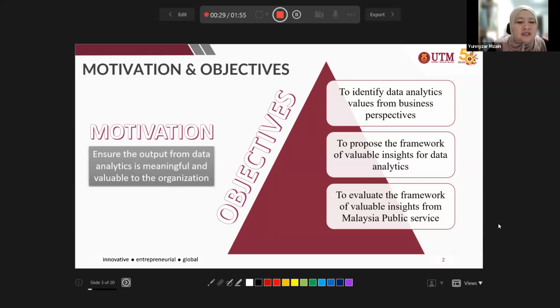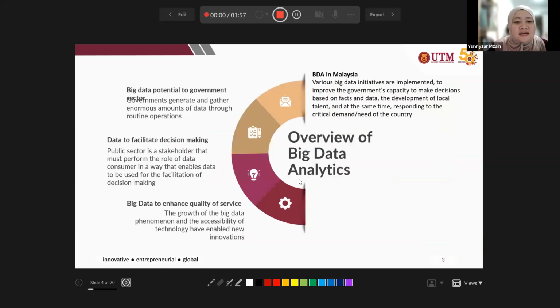So in today's global market, big data analytics is quickly becoming one of the key factors for success. The public sector is becoming increasingly aware of the potential benefits of using big data as governments produce and gather enormous amounts of data via routine operations. The growth of the big data phenomenon and accessibility of technology have enabled new innovations and the opening up of government and private agencies to enhance the quality of service provided to the public.